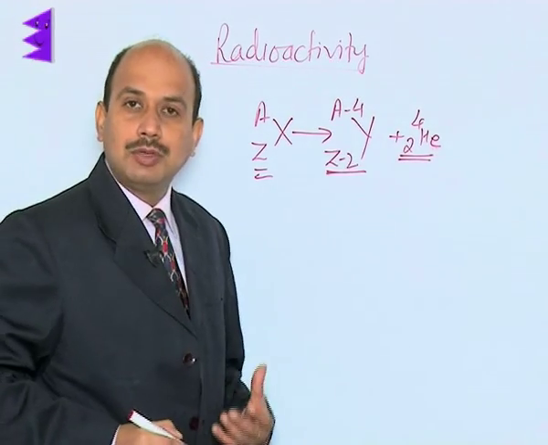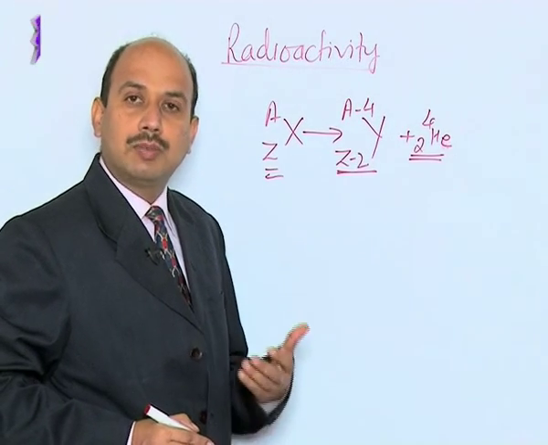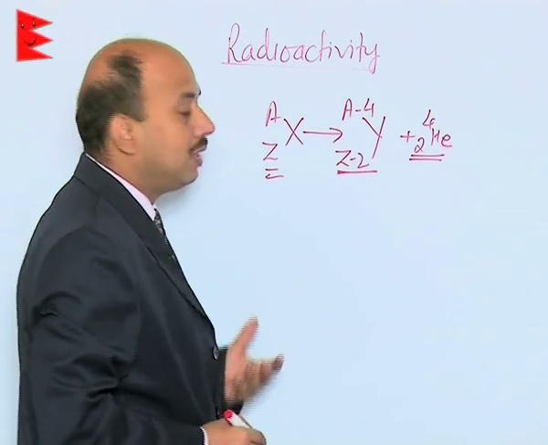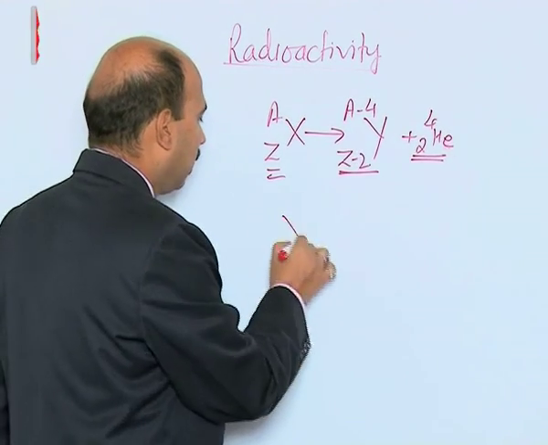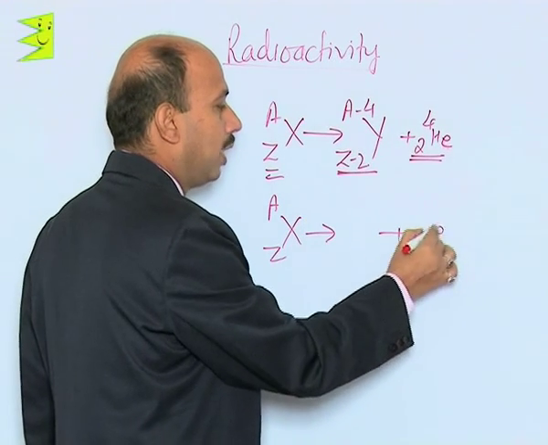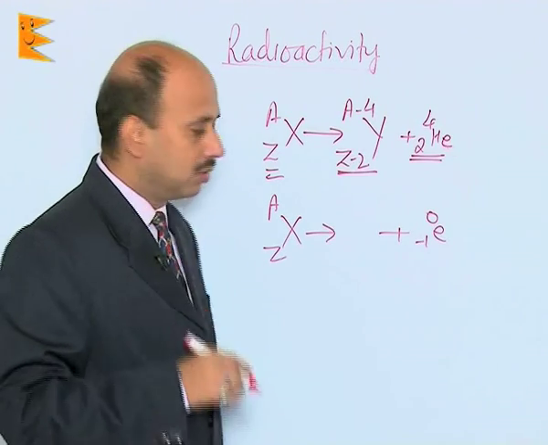So whenever alpha emission takes place, a new nucleus is formed whose atomic number reduces by 2 and mass number reduces by 4. But when we take beta emission, suppose you have taken ZXA and it gives out -1E0, that is a beta particle; a negative electron is known as the beta particle.